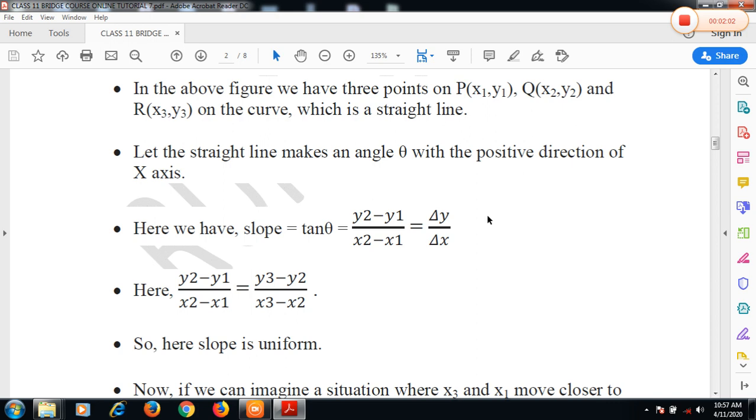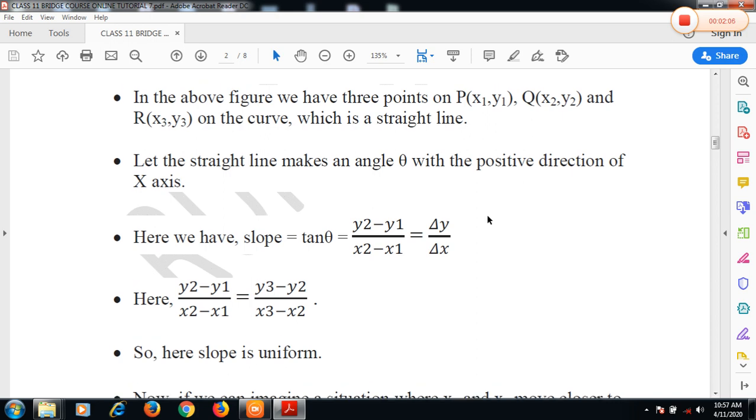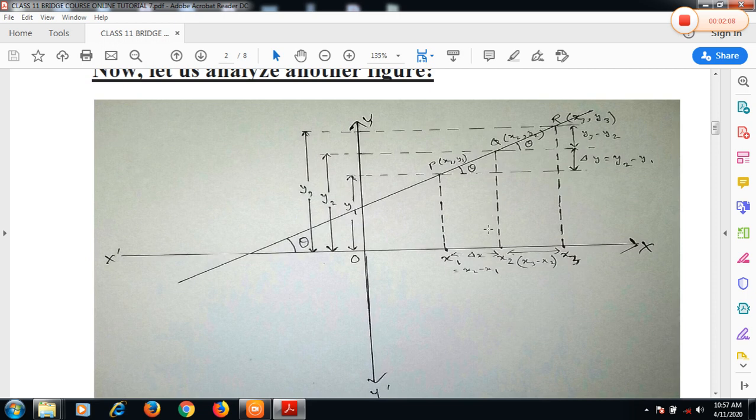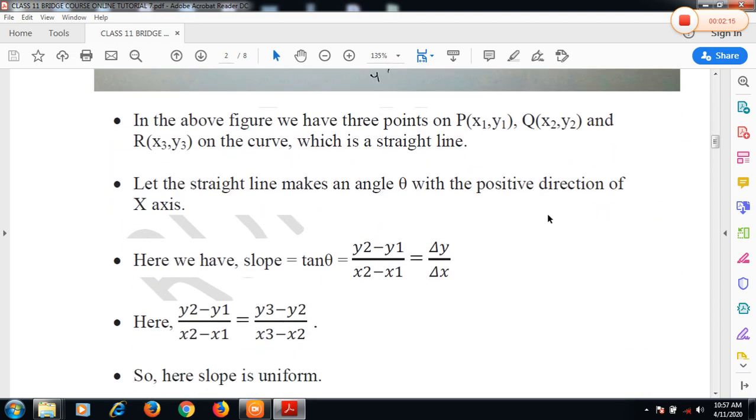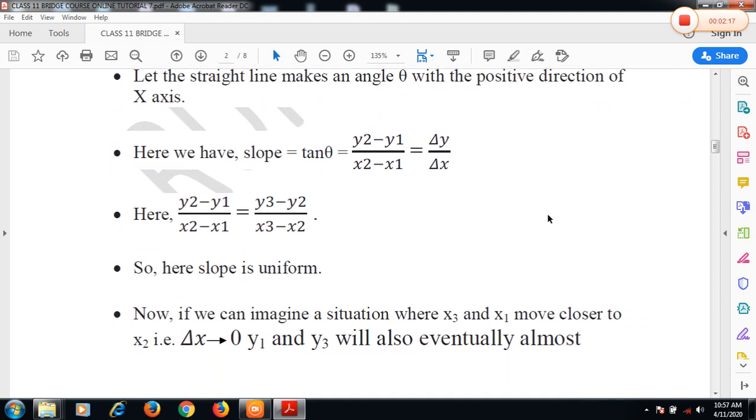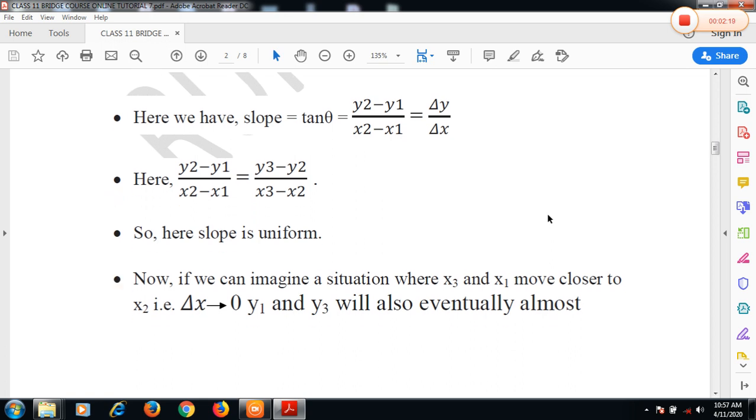Here we have (y2 minus y1) by (x2 minus x1) equals (y3 minus y2) by (x3 minus x2). So, here the slope is uniform throughout the graph.